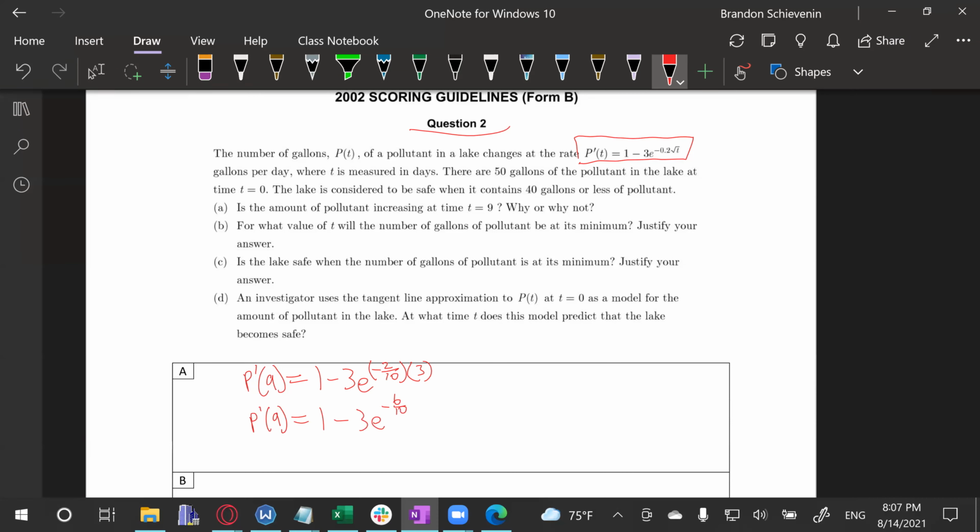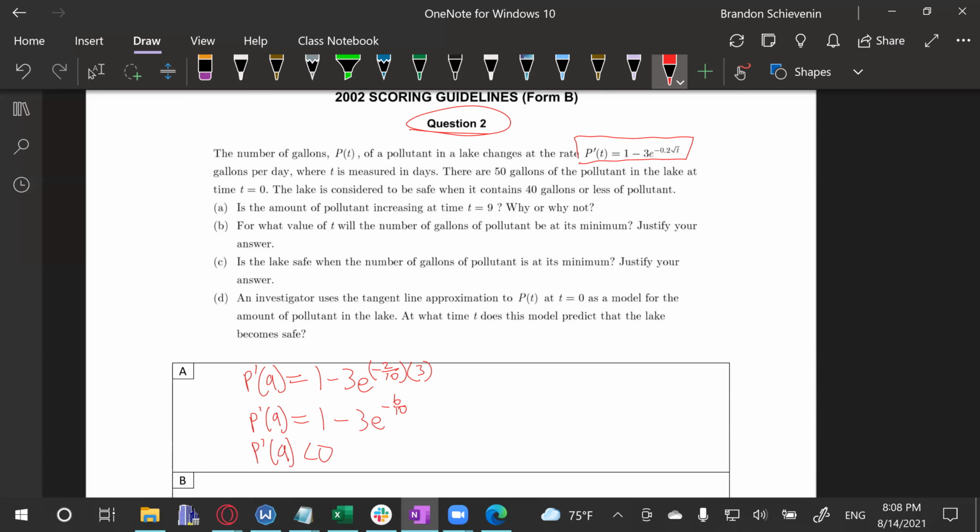See, this is question 2, so this would be with a calculator actually on the AP exam. If we weren't sure, we can estimate e as somewhere around 2.8-ish. It's like 2.81. P prime at 9 is going to be less than 0.